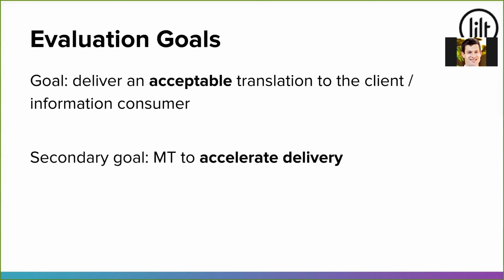Now, a secondary goal that we're going to talk about is using machine translation in the particular setting of professional language services where you're using machine translation to accelerate delivery. In that setting, it's often the case that whoever the information consumer is or the client, they're not going to see the raw machine translation output.